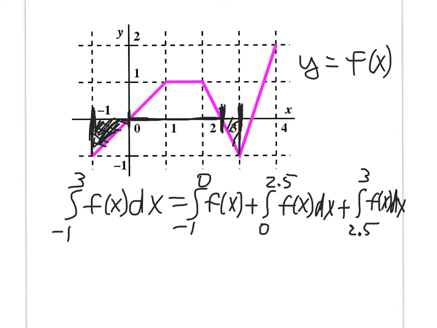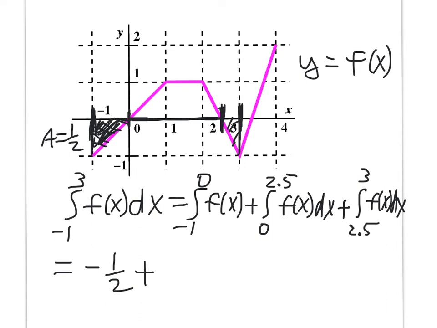Okay, the area is 1/2 times the base, which is 1, times the height, which is 1. But in terms of the integral, we need to represent it as what? Okay, negative. So that part will get -1/2.